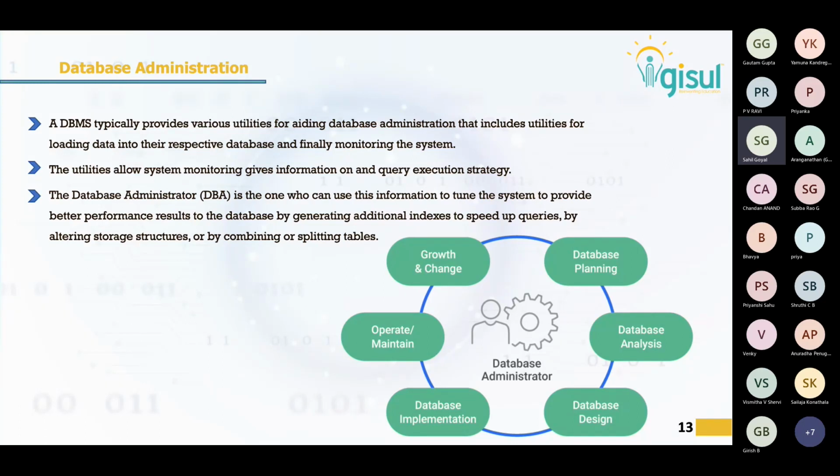That is where database administration comes into the picture, which maintains the overall health of the database and ensures that any changes, such as taking backups of the databases and maintaining any information in the databases, are all done with the help of the database itself. So that becomes a very important factor and comes under the category of database administration.